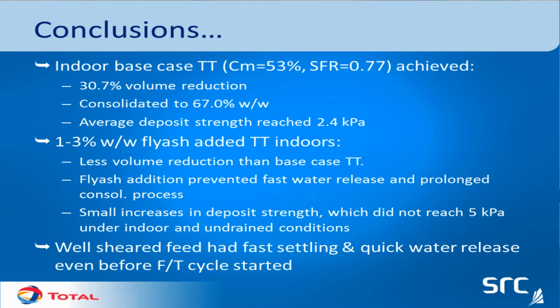Small increase in deposit strength, but not enough to exceed 5 kPa under the indoor and undrained conditions. And well-sheared feed had a faster settling and a quicker water release even before the first freeze and thaw cycle started.